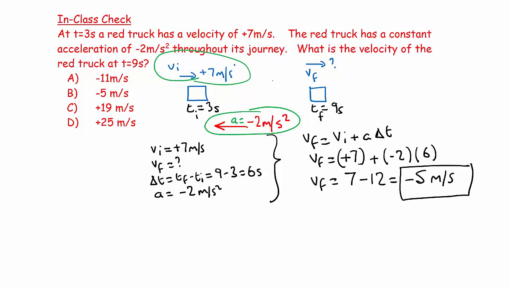And at some point I must have stopped, and then I started coming back. And so by the time I was at 9 seconds, I had a negative acceleration still because it's constant, but I had a negative velocity as well. So now I'm speeding up, going in a negative direction.